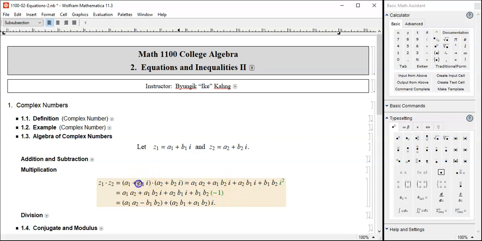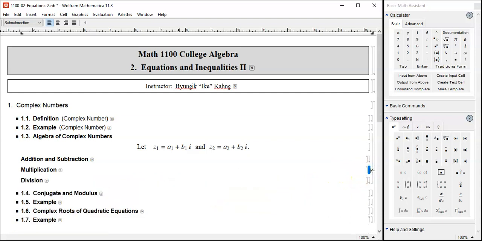And finally, the last, b1i times b2i, b1b2 times i squared. And i squared is equivalent to -1, so this whole thing becomes negative b1b2. And then the middle part becomes the imaginary part. Conclusion? It's again an x plus yi form. So the product of two complex numbers is again a complex number.